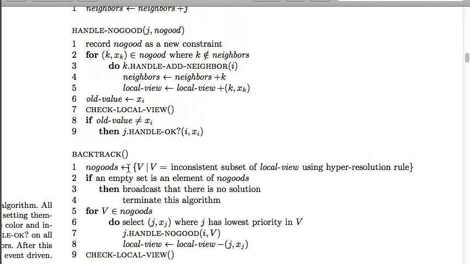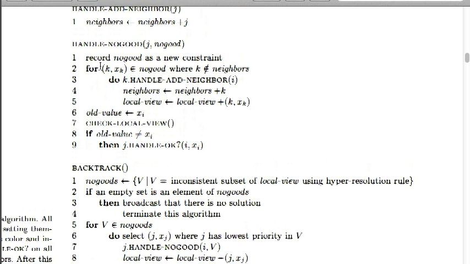And this is the part right here, line 1, when I find my new no good or no goods. One thing I forgot is this line. If there is an empty set of no goods, basically I derive a contradiction. So at that point, I know there is no solution. So we can terminate the algorithm. If I do find some no goods, then I can select one. I can select the agent with the lowest priority, and I tell them to handle that new no good.